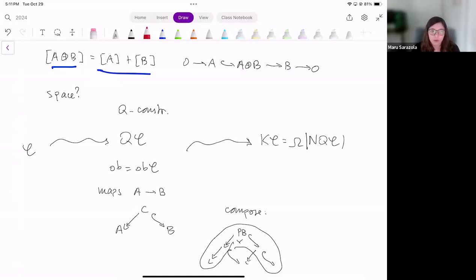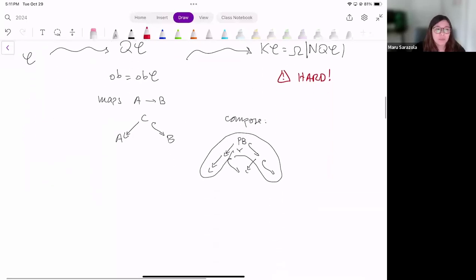So hopefully at this point, you will believe me that this is pretty damn hard. Understanding this space and trying to compute any of its homotopy groups is a highly non-trivial pursuit. And that's why we have very, very few computations in algebraic K-theory that are thoroughly carried out. Okay, so basically what we're trying to do is we're trying to play the usual game that we have in homotopy theory, where we create a space whose connected components record some basic information.